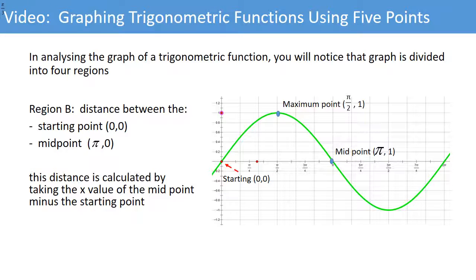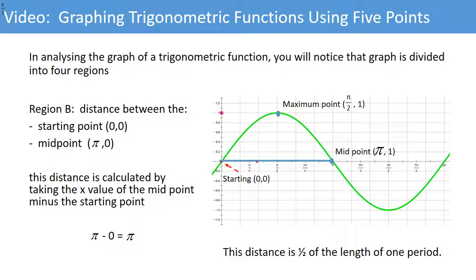This distance is calculated by taking the x value of the midpoint, subtract the starting point. Pi subtract 0 is pi. On closer examination, this distance is 1/2 of the length of one period.